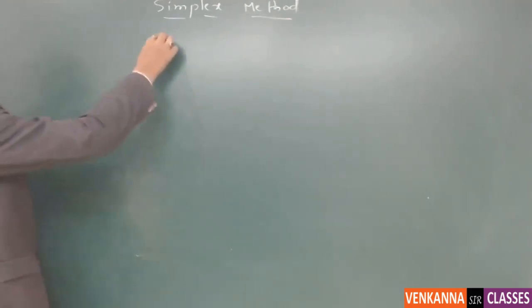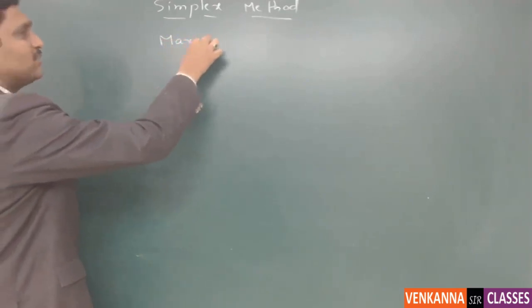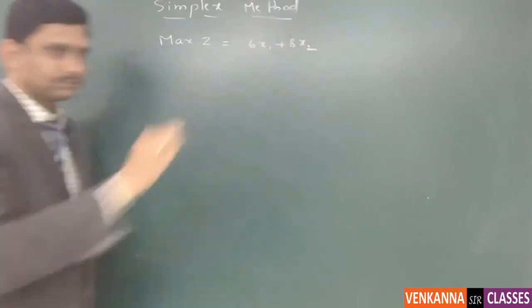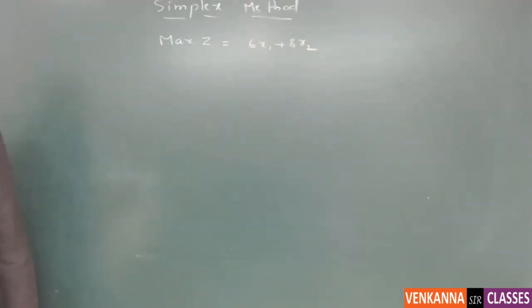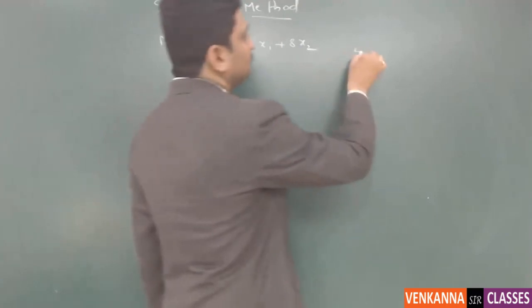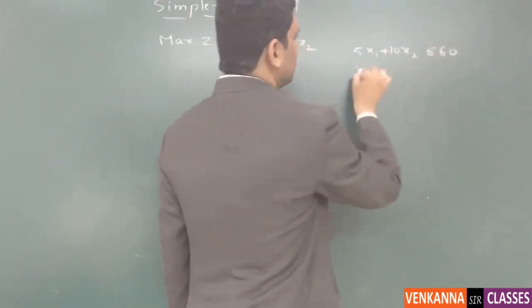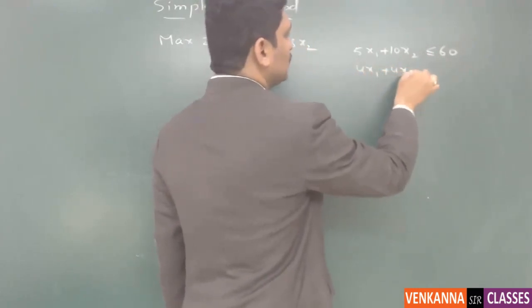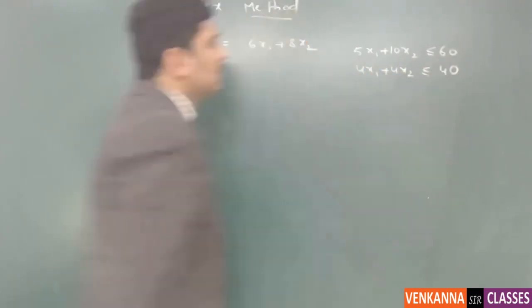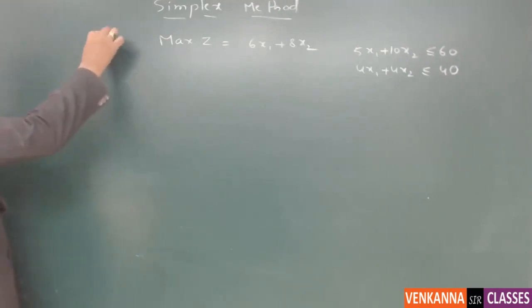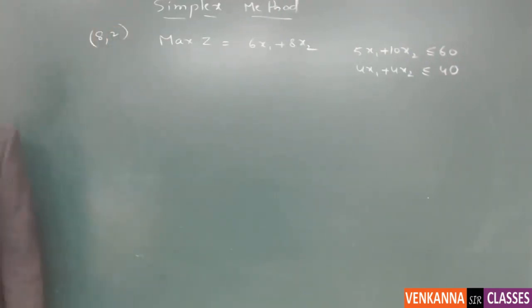So the problem is: maximum z equals 6x1 plus 8x2, subject to the constraints 5x1 plus 10x2 is less than or equal to 60 and 4x1 plus 4x2 is less than or equal to 40. This is the problem. First we solved it using the graphical method and its solution is, I think, 8, 2. Can you check that once on your end?